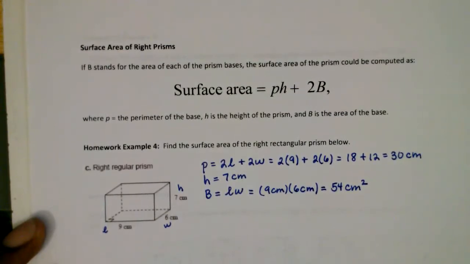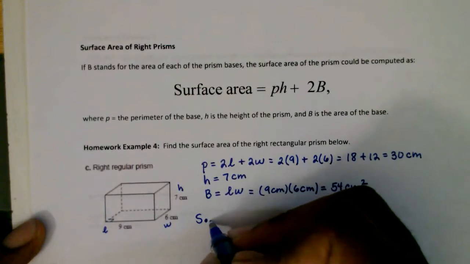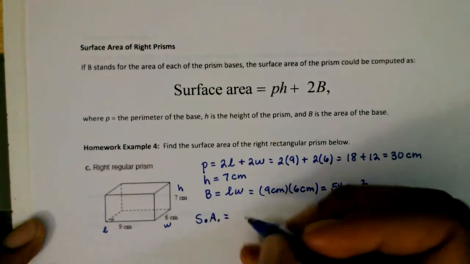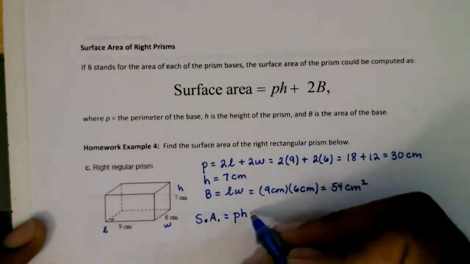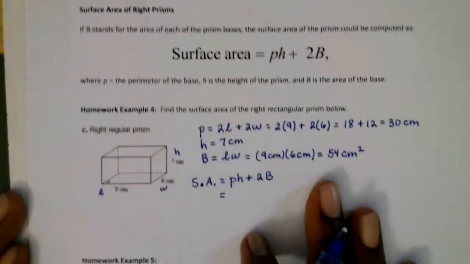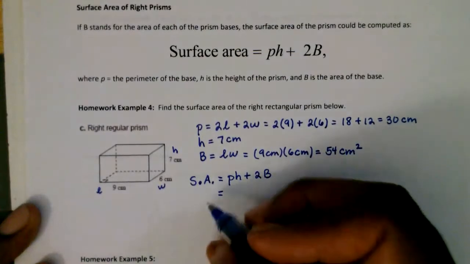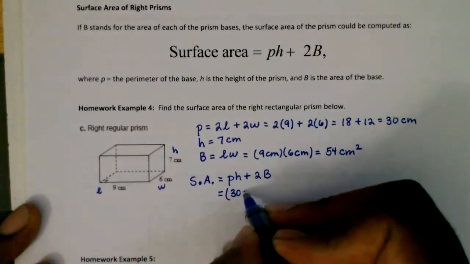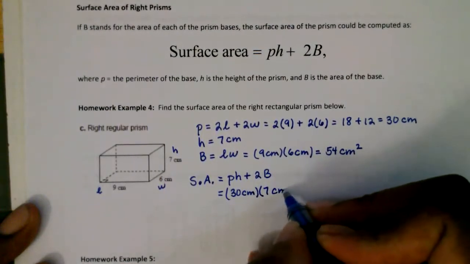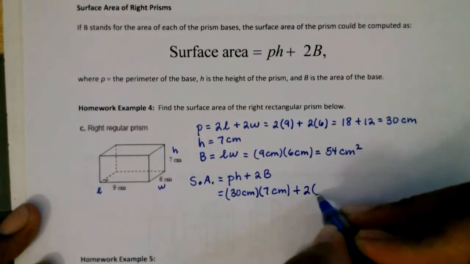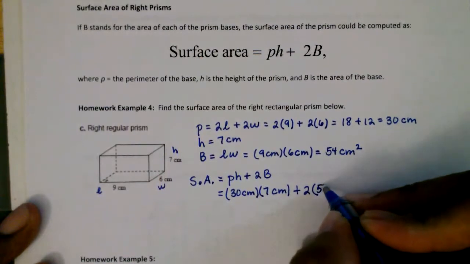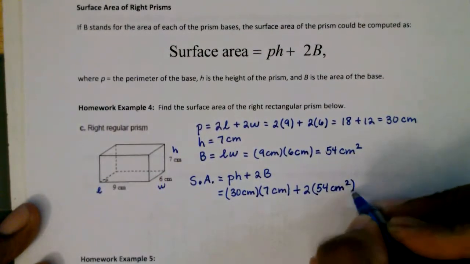All right. So now I can find what the surface area is of this right rectangular prism. That's going to be P times H plus 2 times the base. And in this case, your perimeter, we found that out to be 30 centimeters times the height, that's 7 centimeters, plus 2 times the base, which is the area of the rectangular base, that's 54 square centimeters.